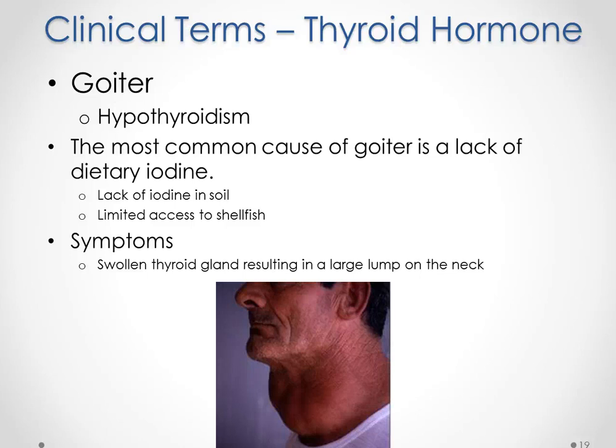When the body senses that there's not enough thyroid hormone, the pituitary gland is going to go into overdrive, and that pituitary gland in the brain is going to release more thyroid stimulating hormone in hopes to stimulate the thyroid to produce more thyroid hormone. But the problem isn't with the thyroid gland, it's with the body not getting enough iodine.